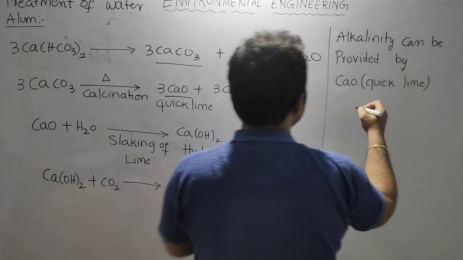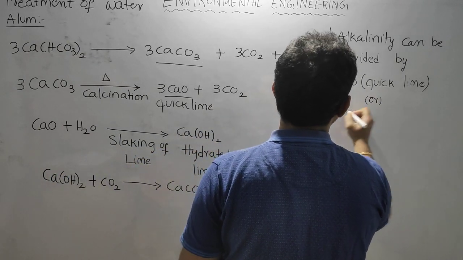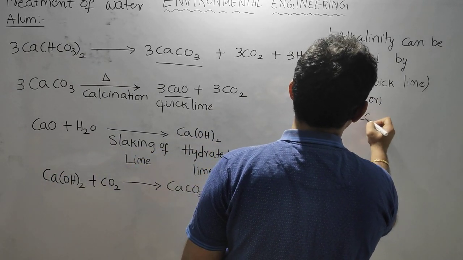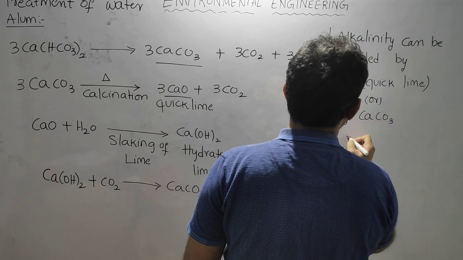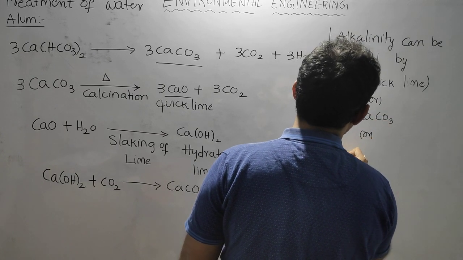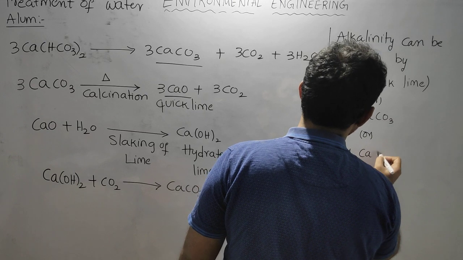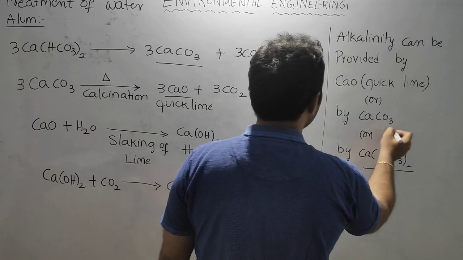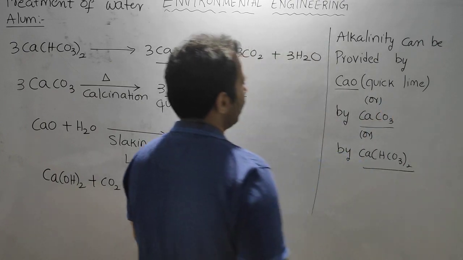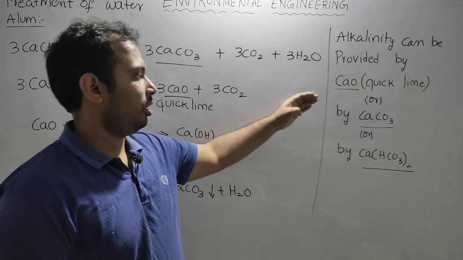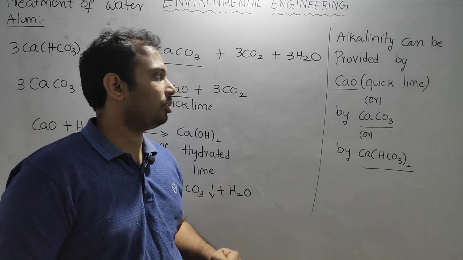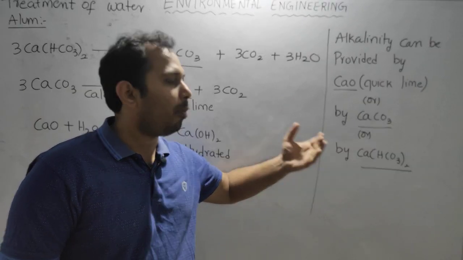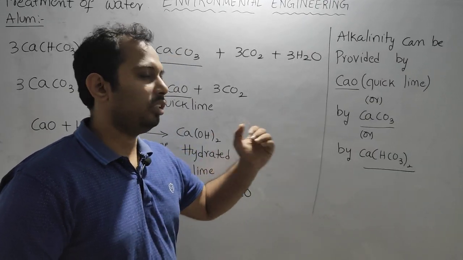Or by CaCO3, calcium carbonate, or by Ca(HCO3)2. So by any means you can procure the alkalinity. In examination they will ask you, if you are procuring in the form of quicklime, how much is needed?